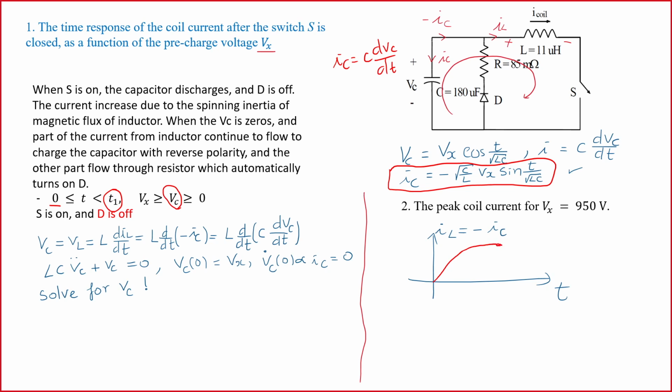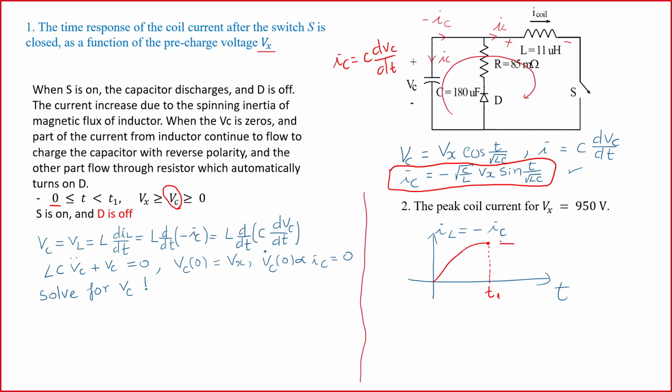Okay, so the maximum is here. The peak time T1, right here, T1 that I show here, is the time where current IL is at maximum value, which means sine of T over square root of LC equals 1.